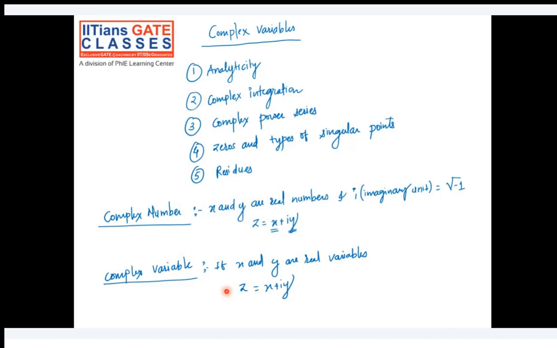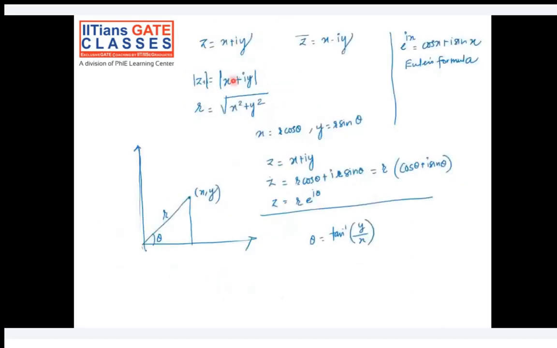So any complex number can be written as z equals x plus iy, and the conjugate of it is z bar, which is x minus iy. The mod of this complex number z is mod of x plus iy, and that is nothing but the under root of x square plus y square.